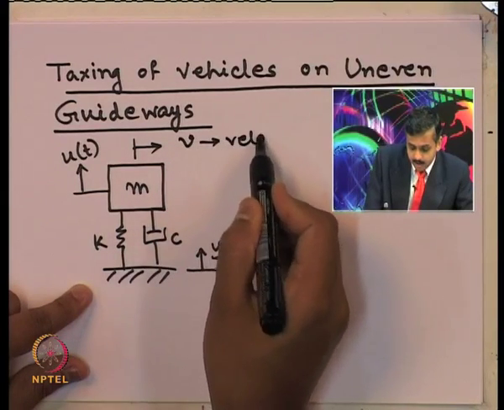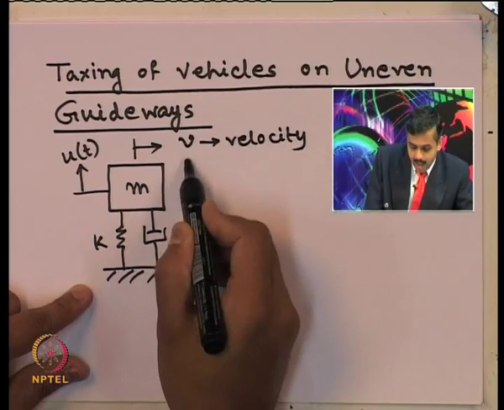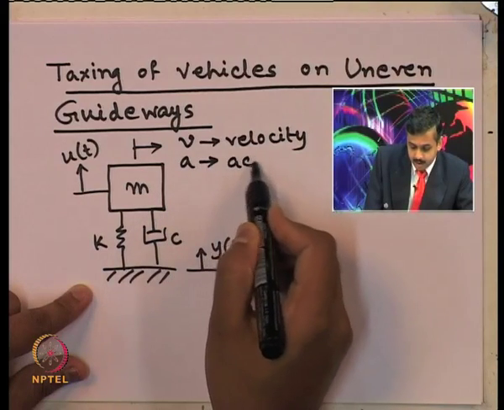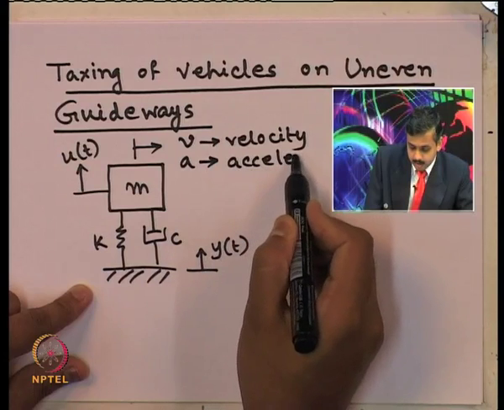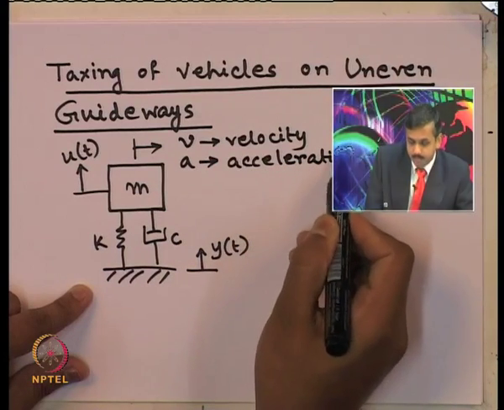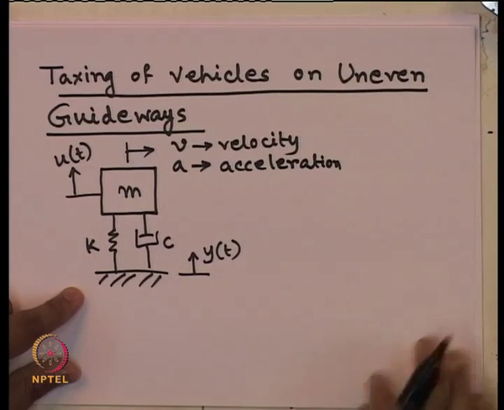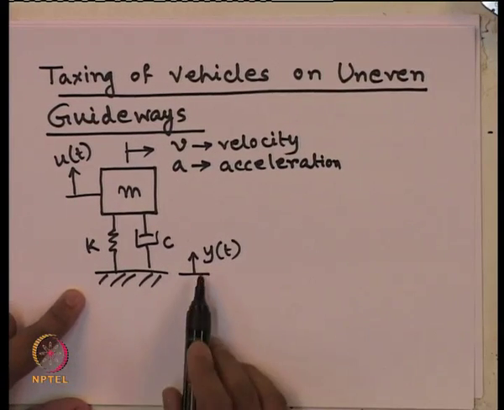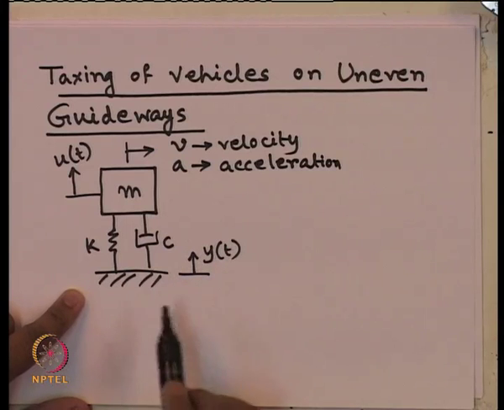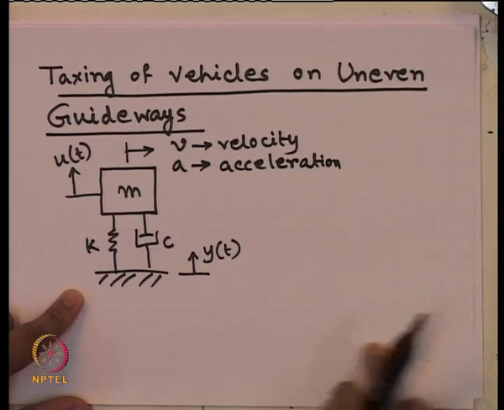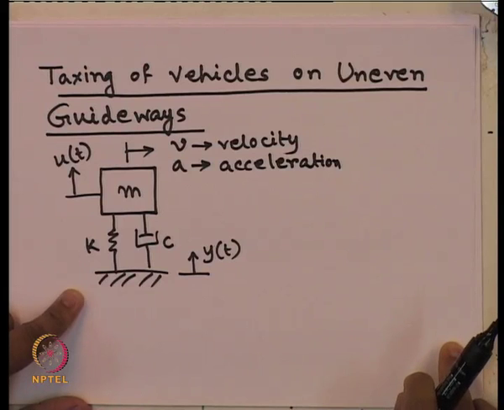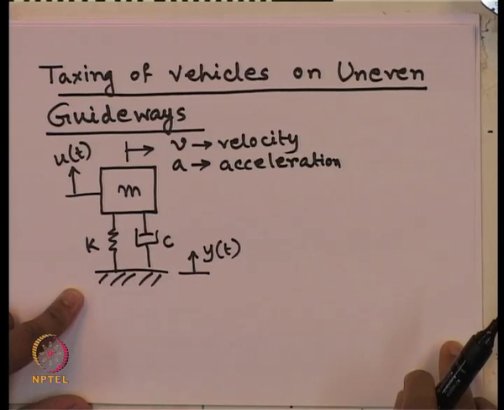V is the velocity of the vehicle and a is the acceleration of the vehicle. With this velocity and acceleration, how does this y of t vary with respect to the distance travelled by the vehicle?